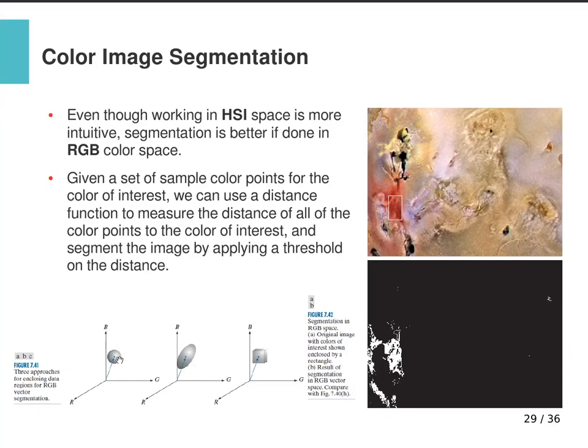We can use any of these shapes to single out the colors that are closest to the average that we want, and by applying that we can do a better segmentation of all the regions that contain red color in this specific segmentation example.